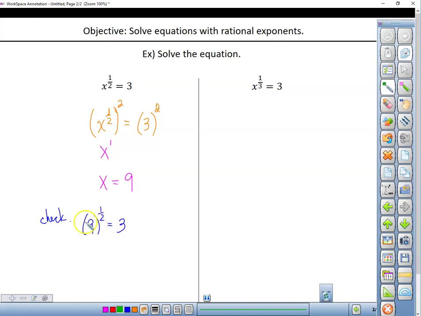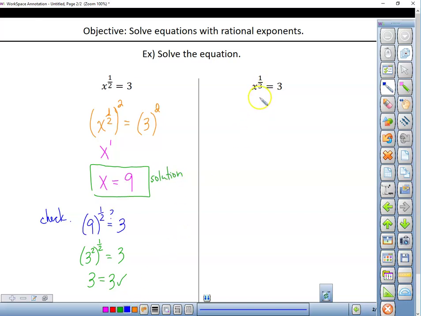Or you can rewrite 9 as a power, such as 3 squared. And that would be 3 squared to the 1/2 power equals 3. Again, we're checking technically if that's true. And 2 times 1/2 again is 1. 3 to the first power is 3. So you get 3 equals 3 this way also, which tells us that 9 is a valid solution.